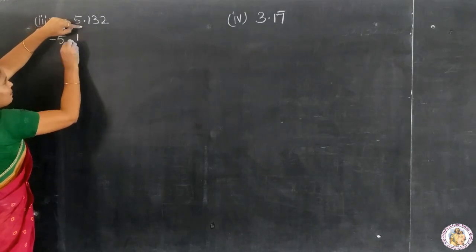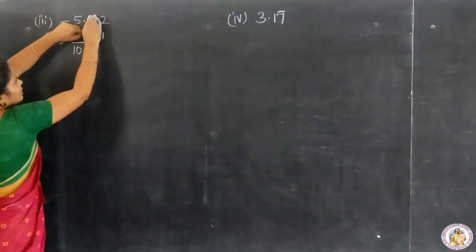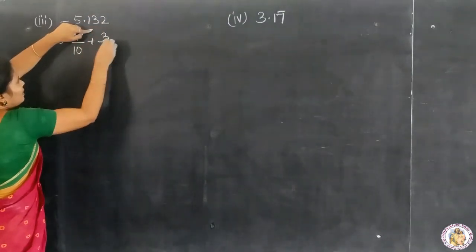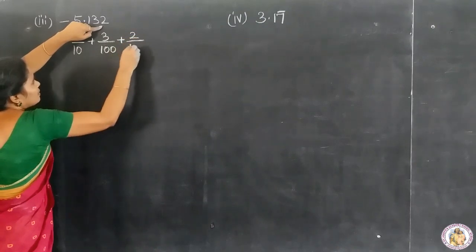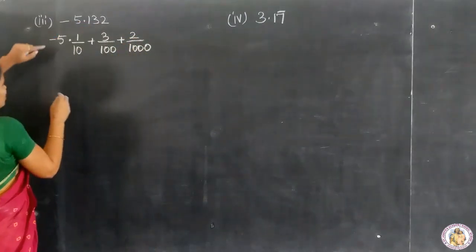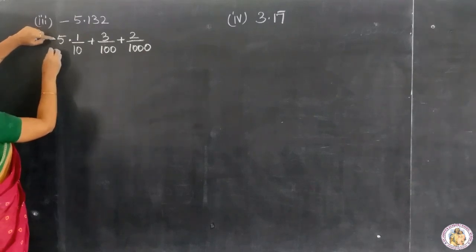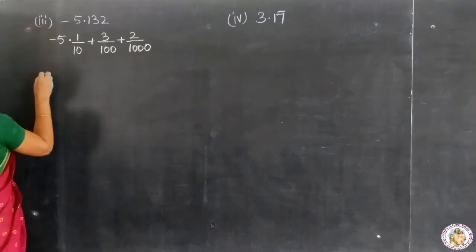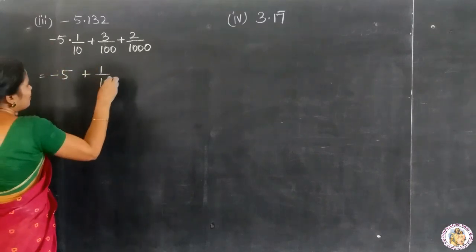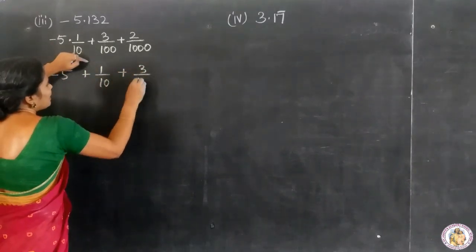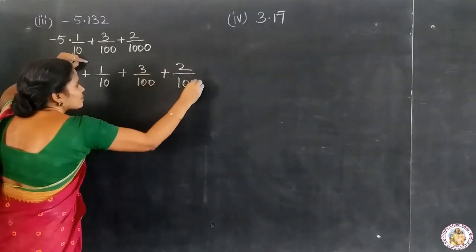So 1 by 10 plus 3 by 100 plus 2 by 1000.